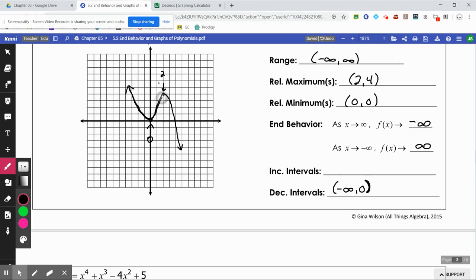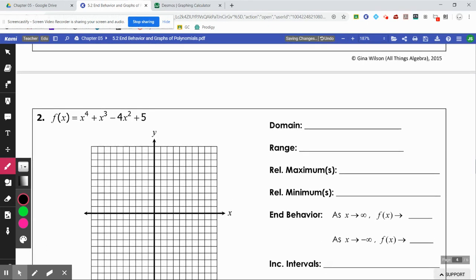It starts increasing, and it increases from 0 up to 2. Well, how can it increase and decrease both at 0? It can't. So we never include those ending points when we're talking about increasing and decreasing. Then at 2, what happens? It starts going downhill, and it goes downhill forever again from 2 to infinity.